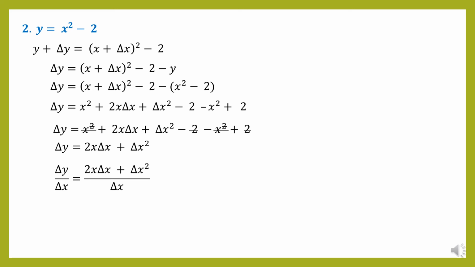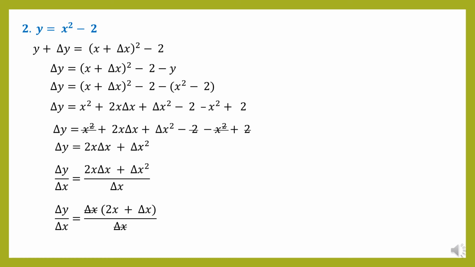Next, factor the numerator since the common factor is increment of x. So therefore, we have now increment of y divided by the increment of x, which is equal to the increment of x times the quantity 2x plus increment of x divided by increment of x.